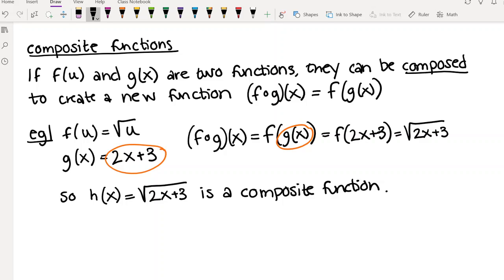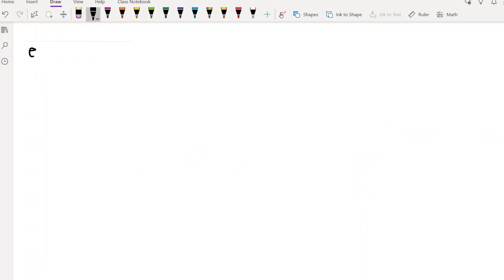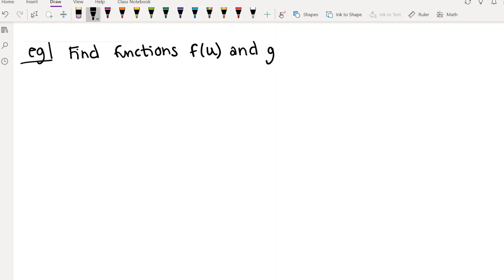So I want to do a few more examples where now we're going to be starting with a composite function and working backwards to figure out what would be the inside and the outside function. So let me start a new page here. For each of these functions, we're going to find functions f of u and g of x such that each of the functions we are about to come up with is equal to f of g of x.